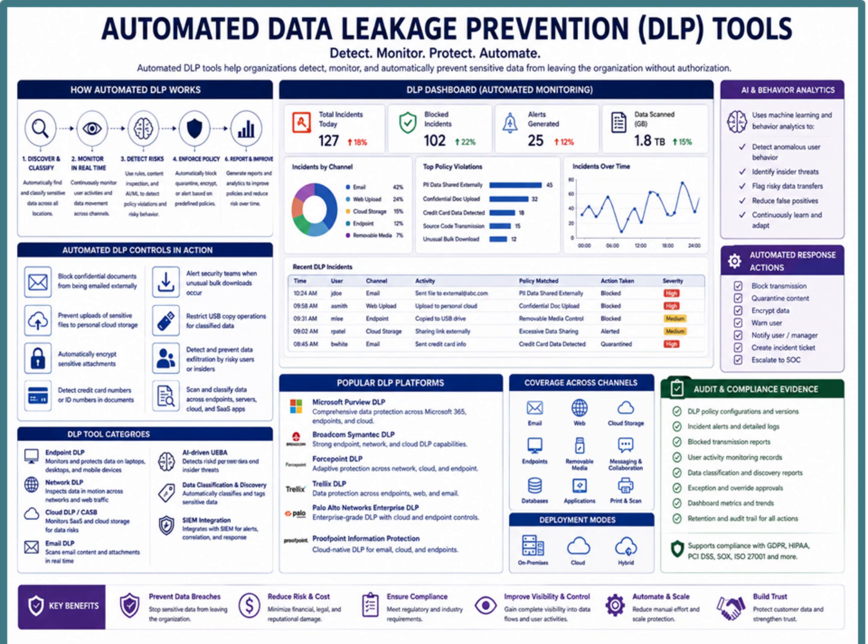The slide also highlights that DLP protection must cover multiple channels. This includes email, web traffic, cloud storage, endpoints, removable media, collaboration platforms, databases, applications, and even print and scan activities. Organizations may deploy DLP solutions on premises, in the cloud, or in hybrid environments depending on their architecture and security requirements.